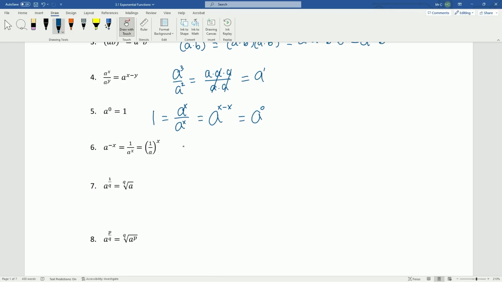So I know that 1 is the same thing as a to the 0. So 1 over a to the x is the same thing as a to the 0 over a to the x. And Rule 4 tells us we can subtract those exponents, a to the 0 minus x, which is a to the negative x.